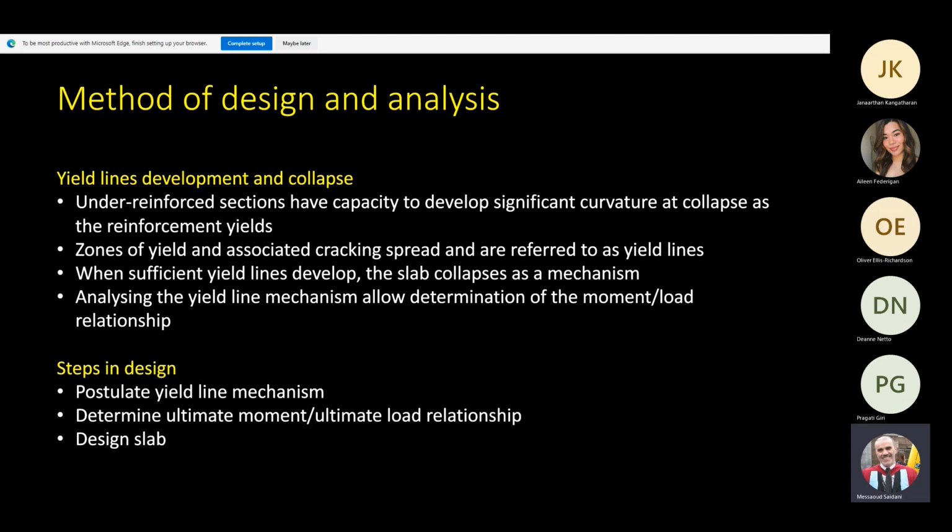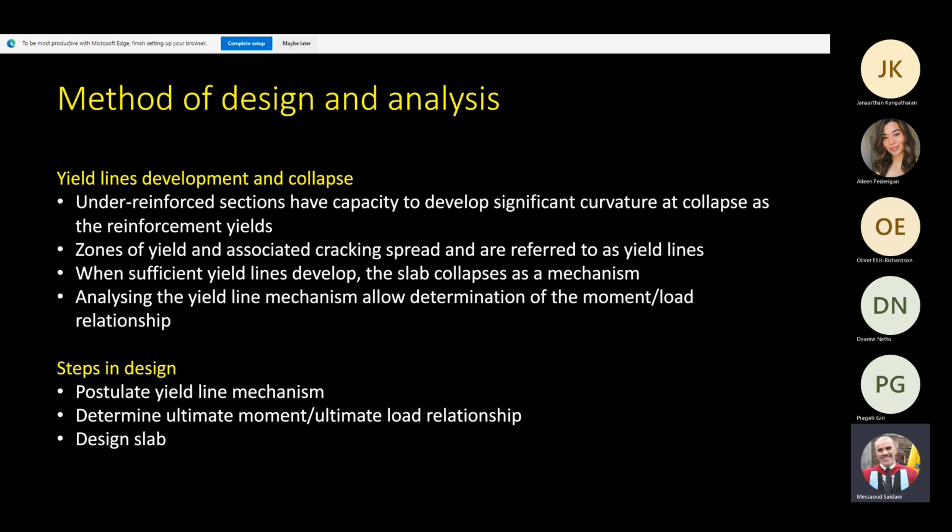When do the yield lines start to appear? If I have a slab and I start loading it, when will the cracks, or the yield lines, start to appear? When the steel bars start to yield.